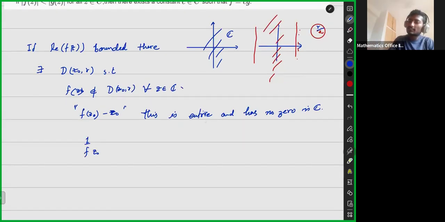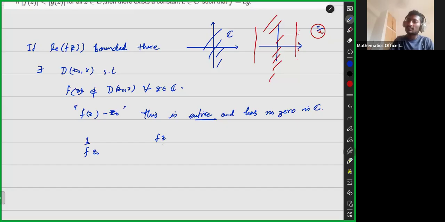Why this is entire is clear, because z not is constant and f(z) is already an entire function, so their combination is. And why it is not zero: because f(z) does not lie inside the disk, for no value of z is f(z) equal to z not.